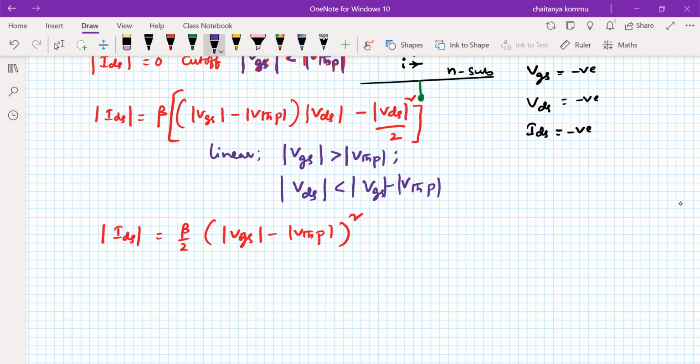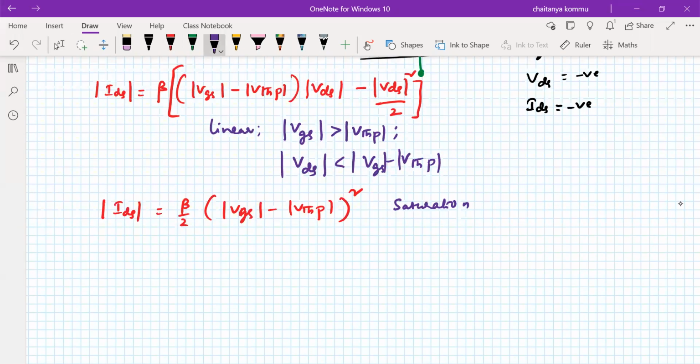This is said to be in saturation. This equation governs the saturation region, provided the magnitude of VGS should be greater than the magnitude of VTHP, and the magnitude of VDS is greater than or equal to the magnitude of VGS minus the magnitude of VTHP.